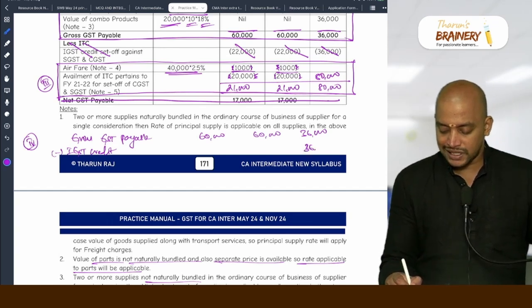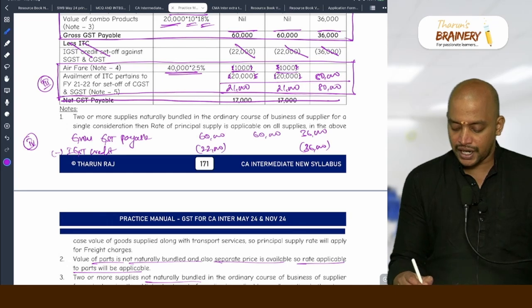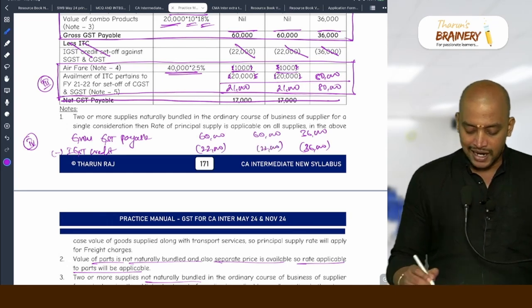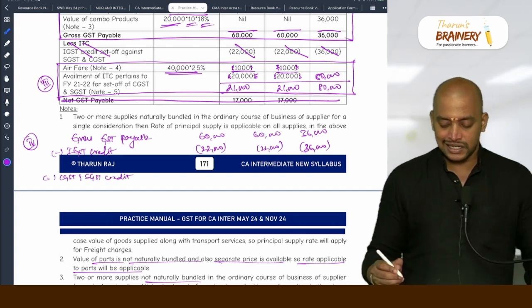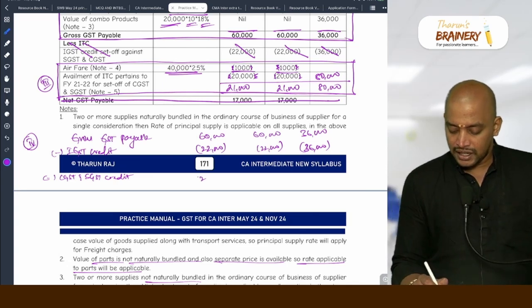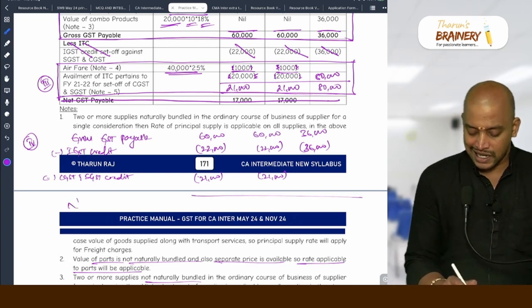First we will use 36,000 and then we will use 22,000 and 22,000, and finally CGST and SGST credit. What are those CGST and SGST credits? 21 and 21. I am setting off. Now I will get one answer, that is net GST payable.